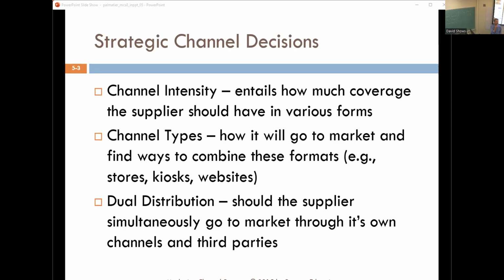Channel intensity, before I go on, is very much wrapped around the categories of products that you sell. In 1923, when marketing was first split off from economics, the very first categories of products that we sell were finally introduced.